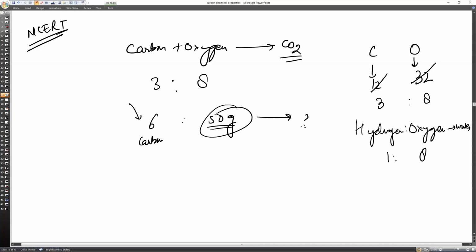Tell me, how many grams of carbon dioxide will be formed if we have 6 grams of carbon and 50 grams of oxygen?